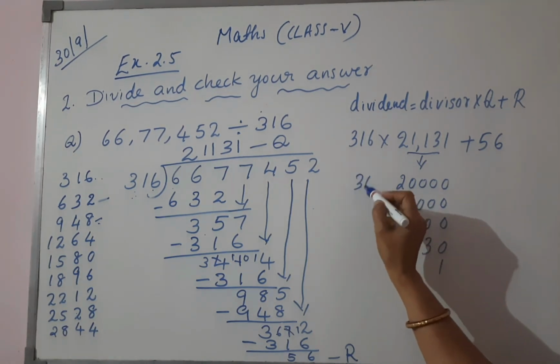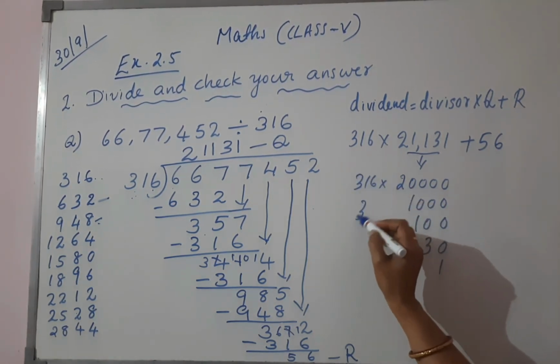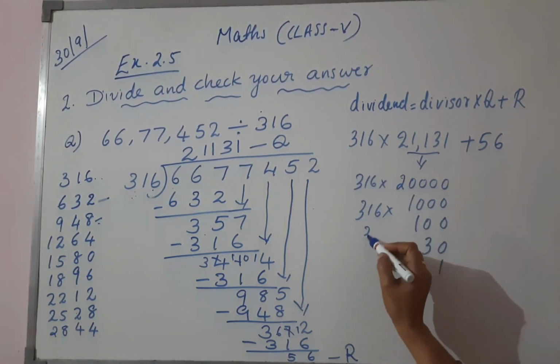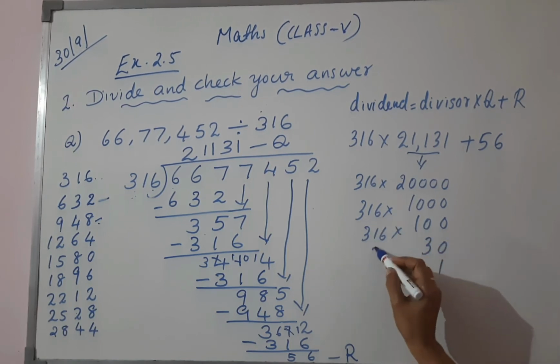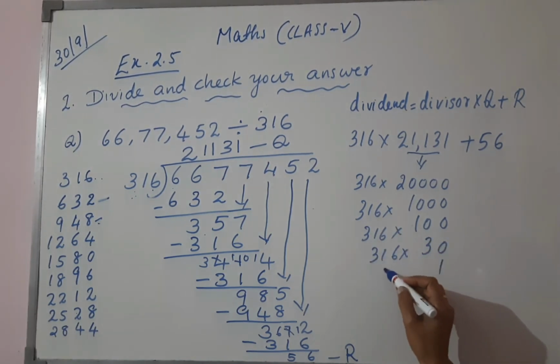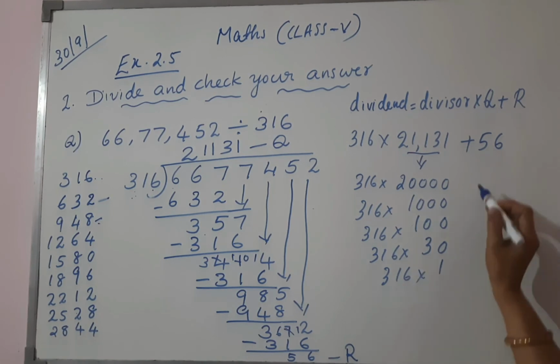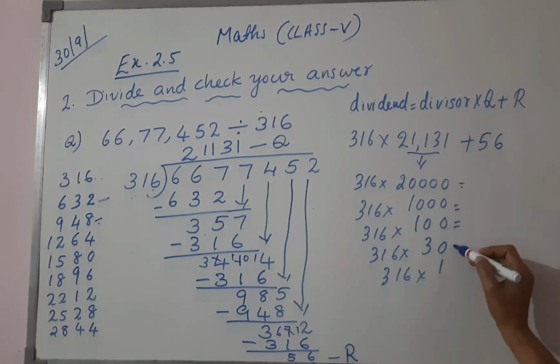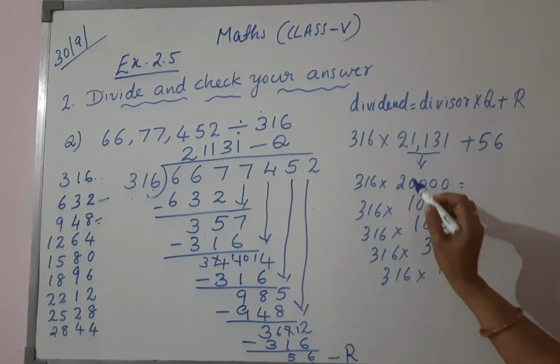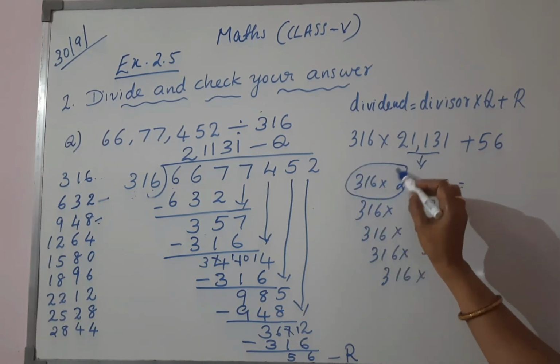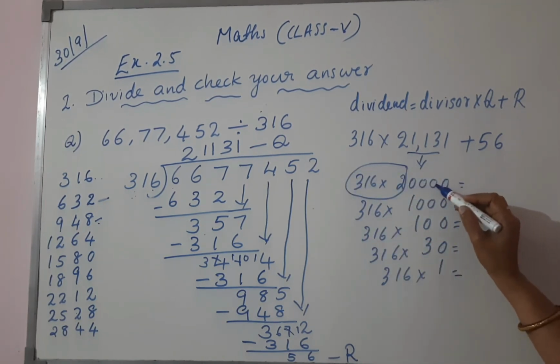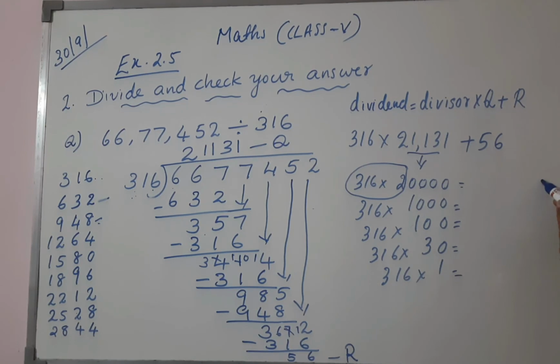All numbers are multiplied by 360. So after getting the answer, you have to write here. First you should multiply 2. How many zeros are there? 1, 2, 3, 4. We can write 4 zeros.